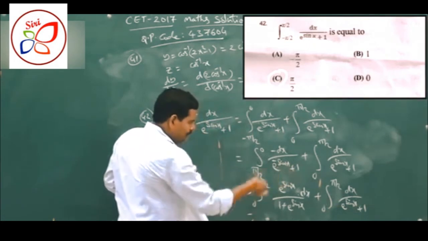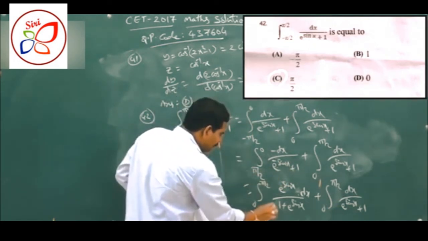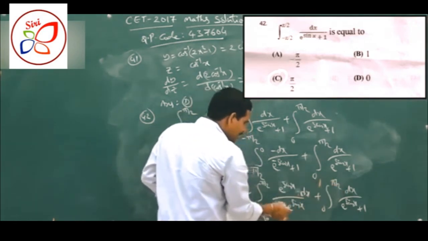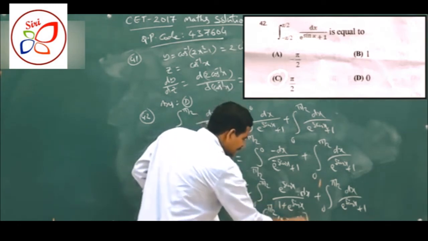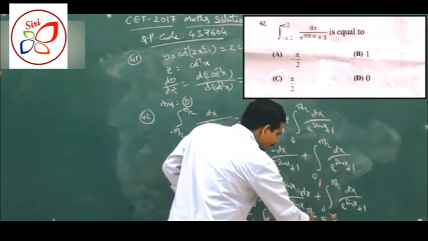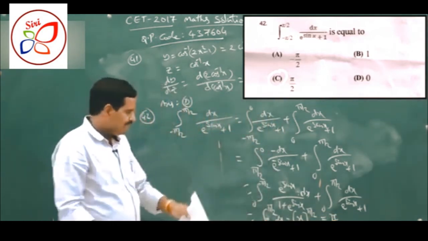Intervals are same, so if we add, integral 0 to pi by 2 dx common, e power sin x plus 1 by same, so dx. Integration of dx is x between 0 to pi by 2, so the answer is pi by 2 minus 0, nothing but pi by 2, which is given in option C.